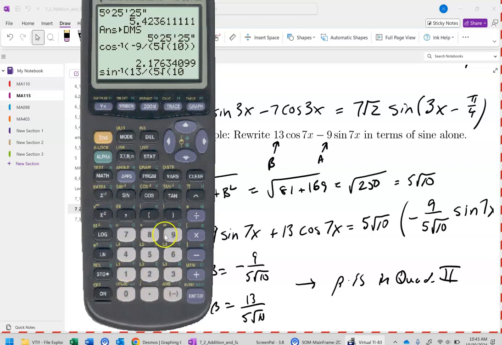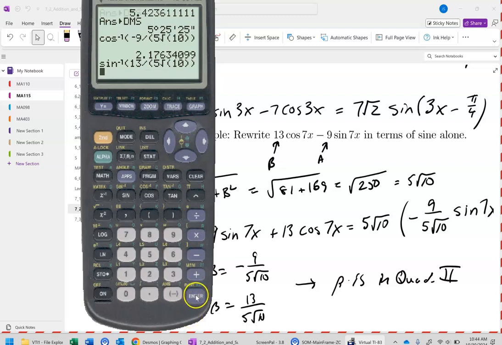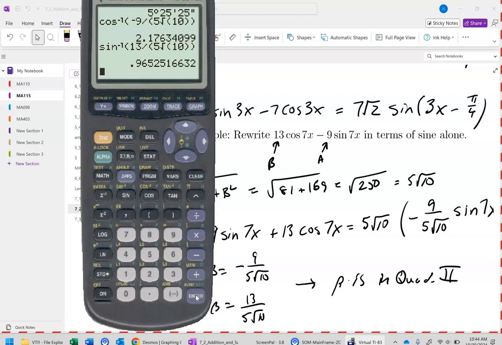I hate having to use the mouse every time. I didn't get the same answer, did I? Okay, but here's where the be careful part comes in. Remember this angle, I'm going to draw on the board for a second. This angle here is over here in quadrant 1, right?